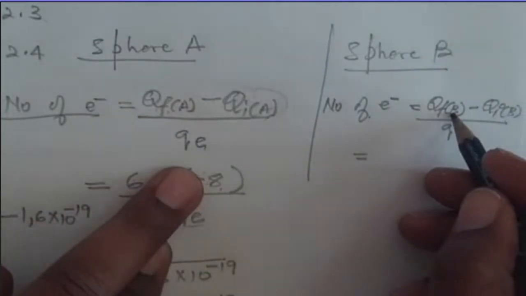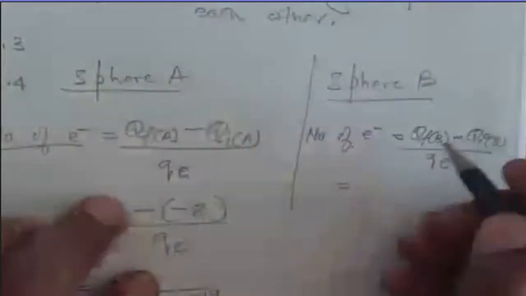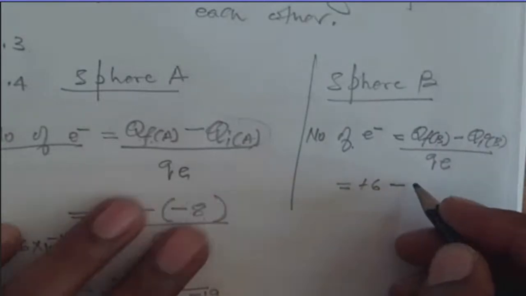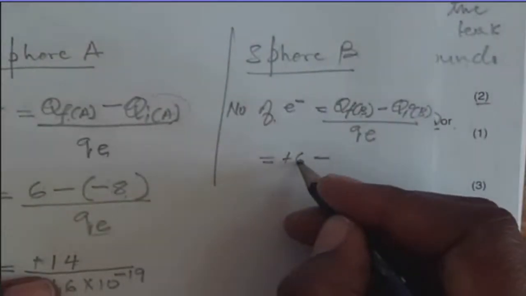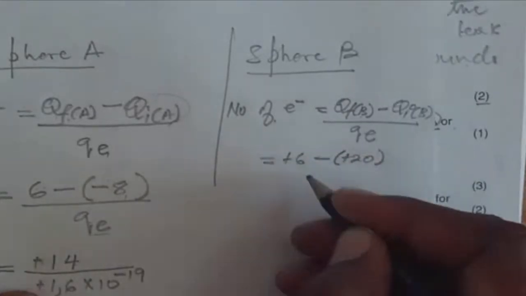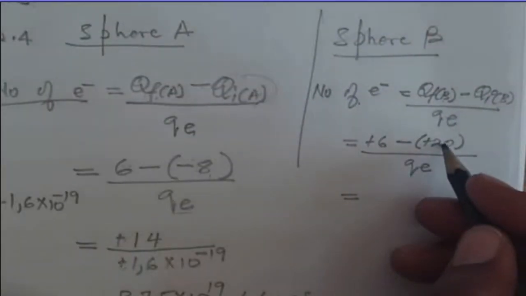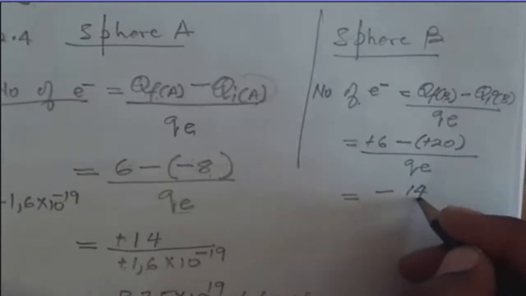Meaning Q for B final is the same as A. So it will be positive 6 minus B's initial, 20. So it will be negative 6 minus positive 20, divided by the charge of the electron. Now you can see I'm going to have 20 minus 6, so I'm going to get negative 14.